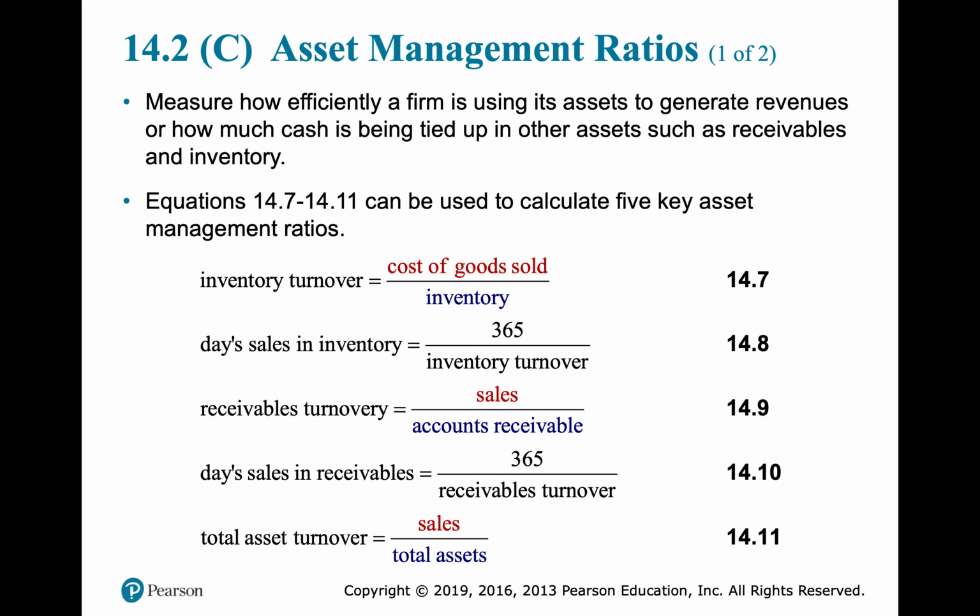So for Cogswell, we have a total asset turnover of 1.06, but what we see here is that Spacely is actually outperforming Cogswell from this asset management standpoint because they're generating more sales when compared to the assets that they've invested in. So here we are finally starting to see a few areas where Spacely is outperforming Cogswell.